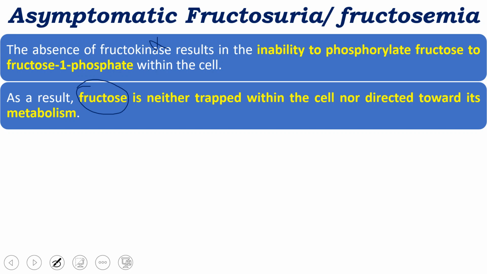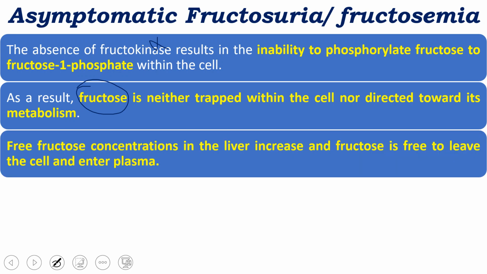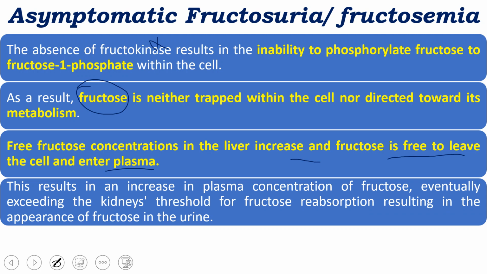Free fructose concentration in the liver increases and fructose is free to leave the cells and enter into the blood circulation. So ultimately, the blood plasma fructose level will rise, and this will exceed the kidney threshold value, and ultimately fructose will appear in the urine.